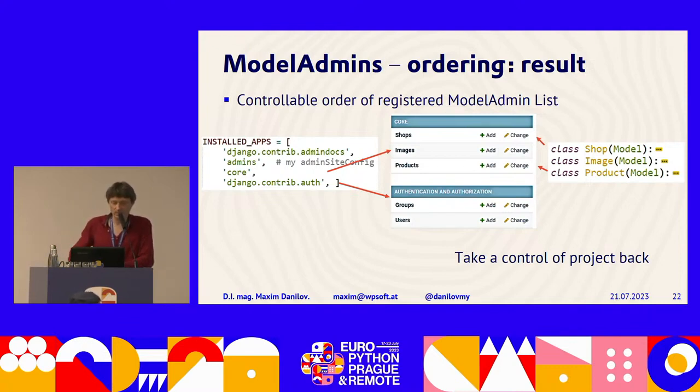It means I can swap shop and image: image comes in first place, shop comes in second place. It's so easy, it's so nice. Try to do it. Of course, after that you understand what I mean. Django can be easier, more fun. And I like Django, sorry. I mean, we can take control of our project back. Not from Django developers, we can take control from them and take it in our hands.